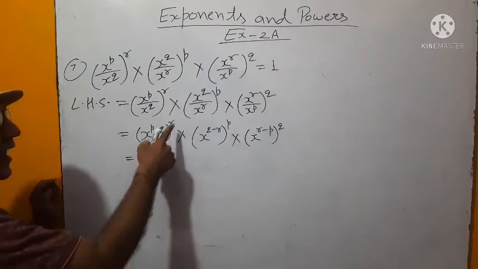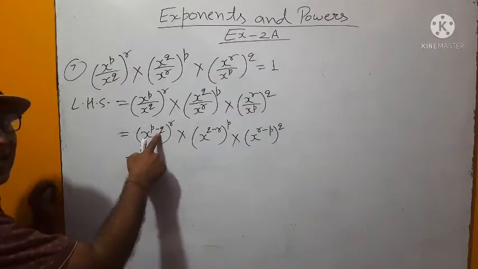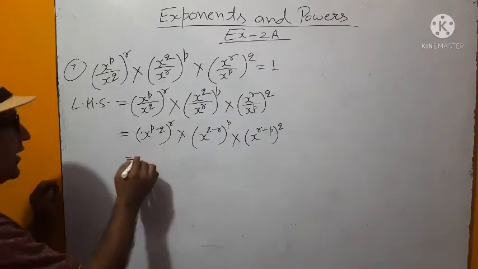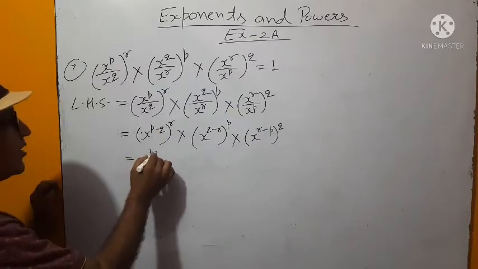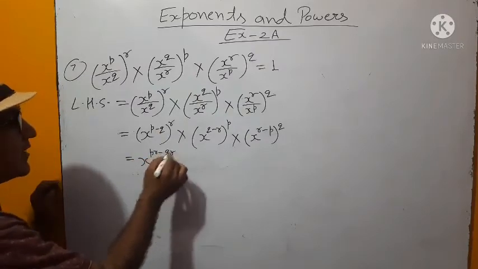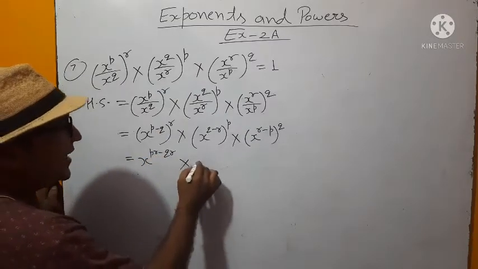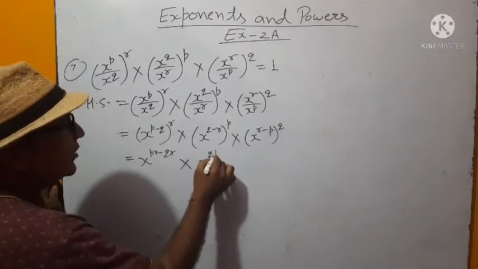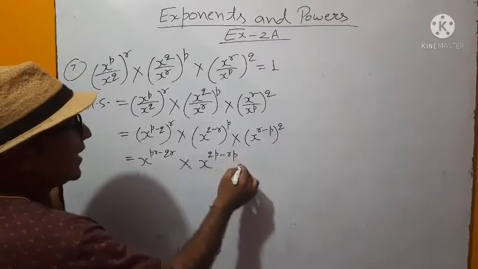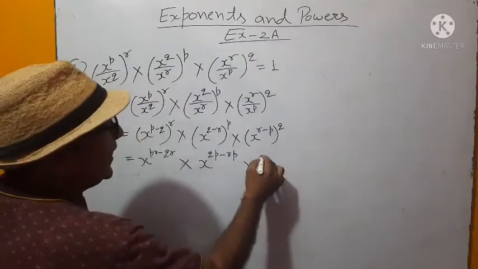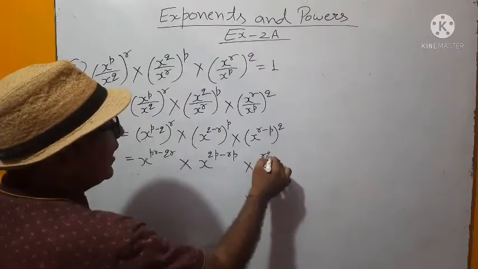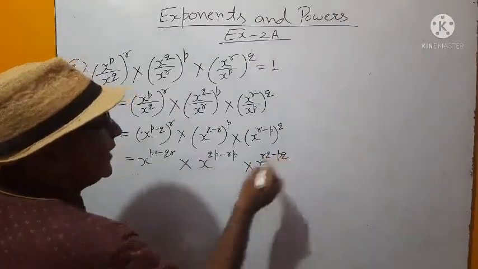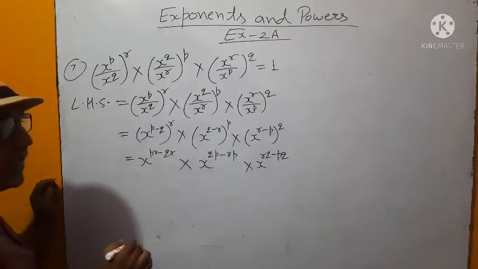Now we know that exponent over exponents are multiplied together. So here we will get x^(pr - qr) multiplied by x^(qp - rp) multiplied by x^(rq - pq). Okay?